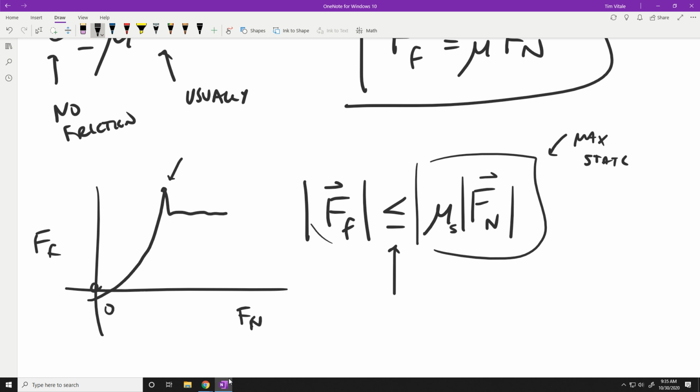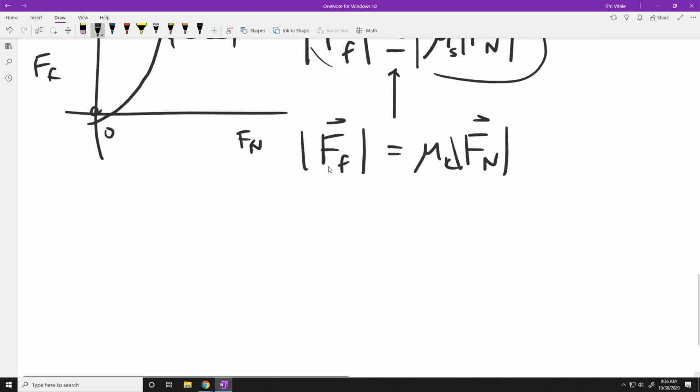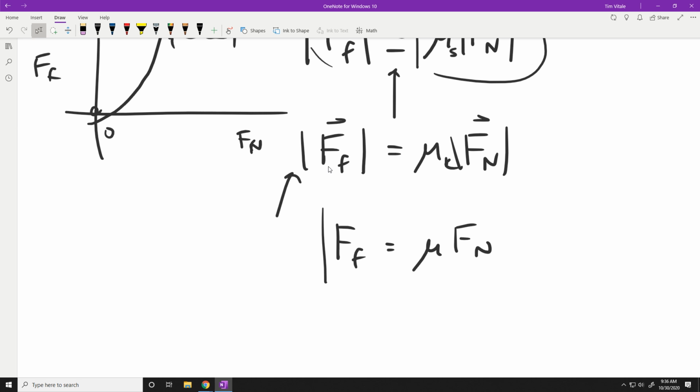It couldn't be greater than it. And if it's the kinetic friction, then it would just be equal to the coefficient of kinetic times the normal force. The reason they have the absolute values here is because the coefficient can't be negative, so it's just going to be the magnitude of the force. I usually just write it like this, but that's how it shows up on your equation sheet.